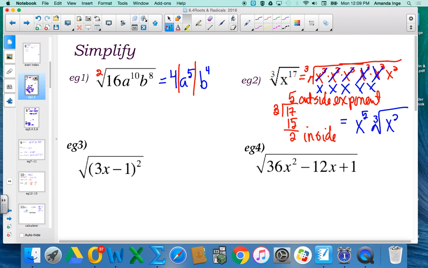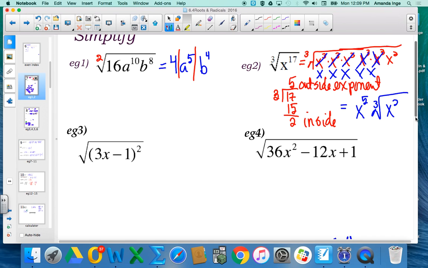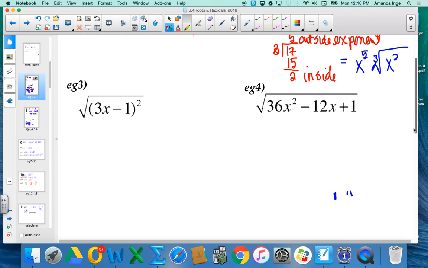Okay, so looking at the next problem, which is down on number 22 on your worksheet. I don't really care what's inside these parentheses. Okay? What I care about is dividing the index into the exponent. So how many times does 2 go into 2?